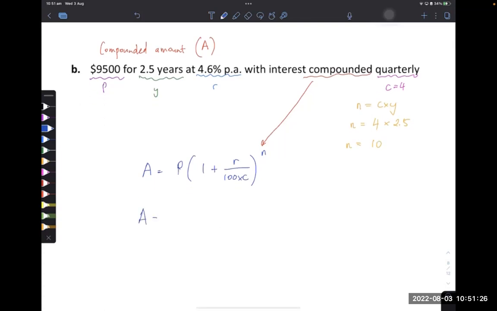What's the next step? Substitute. Fantastic. Okay. Next step, type it into your calculator.